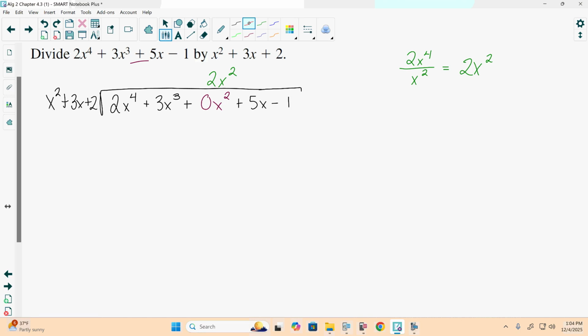I put that first part of our answer, because that first part of our answer is going to be 2x squared, I put it over the x squared term, just to help us keep things lined up.